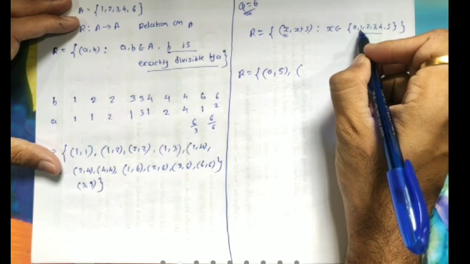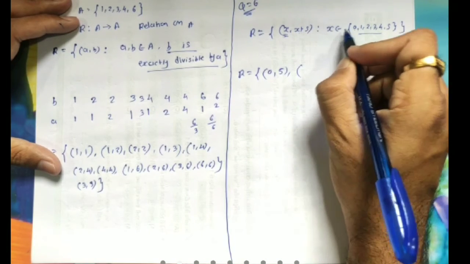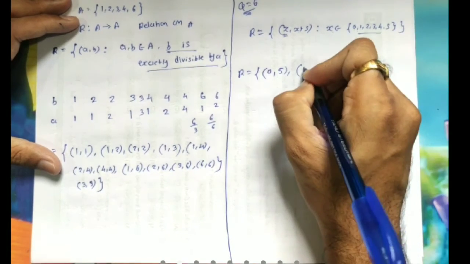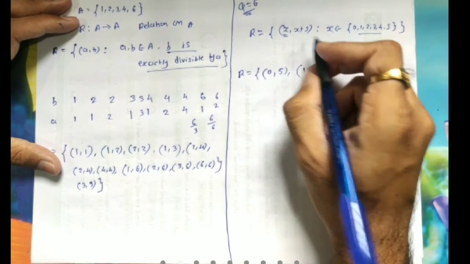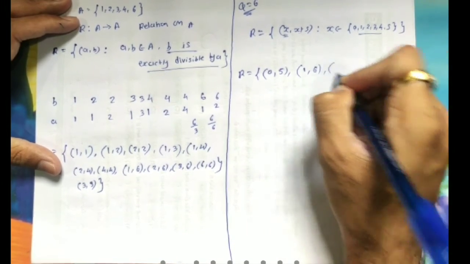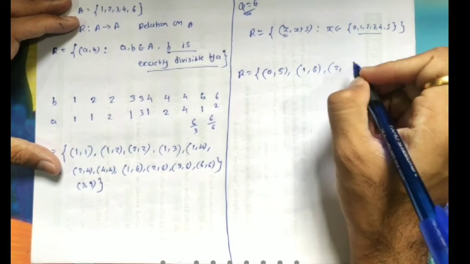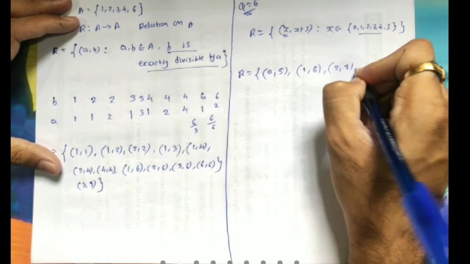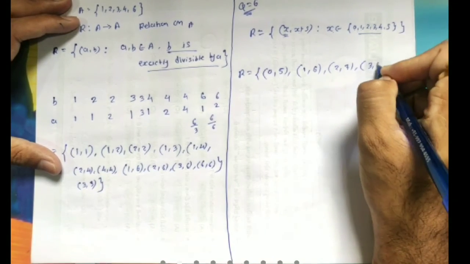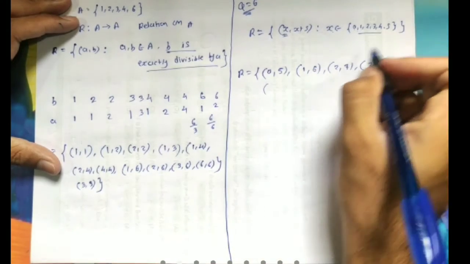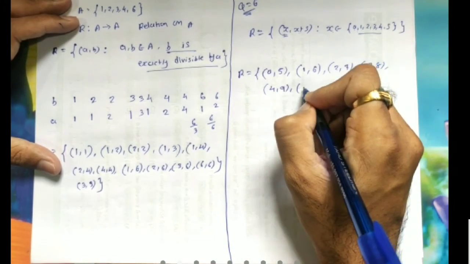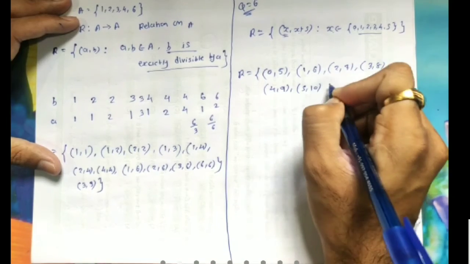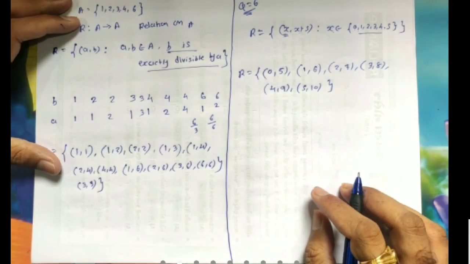Then take x equal to 1, the second element is 6. Then x equal to 2 gives 7, 3 gives 8, 4 gives 9, and 5 gives 10. So this is the relation.